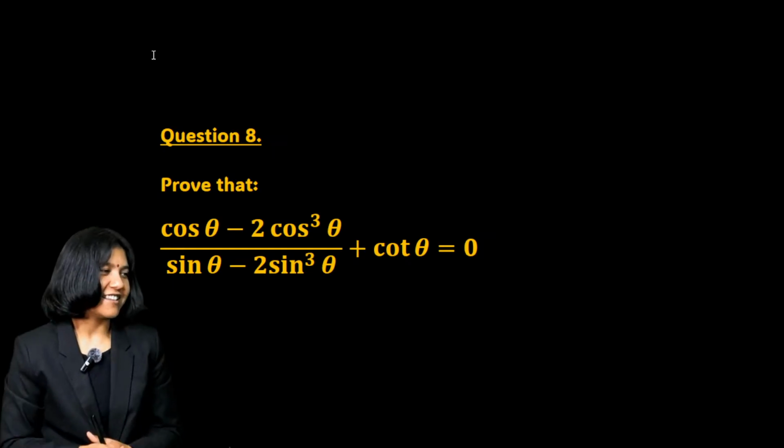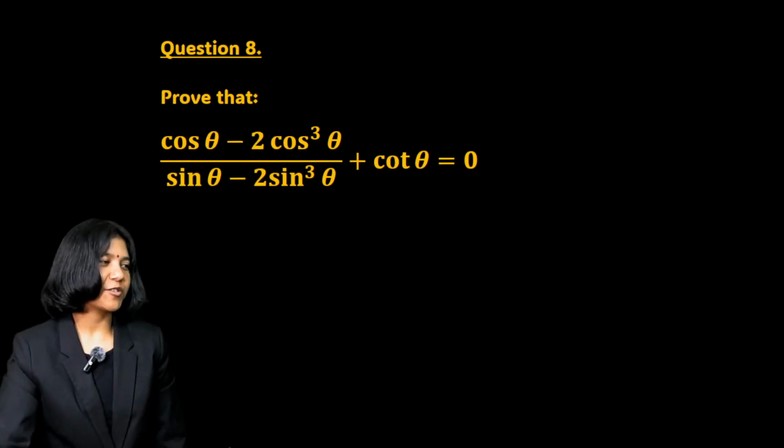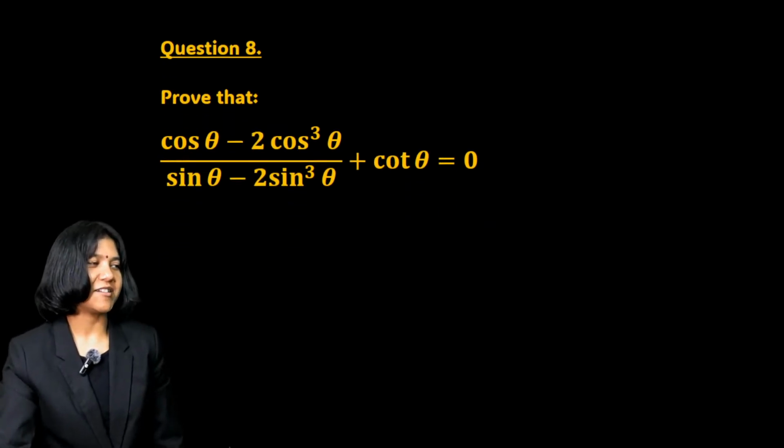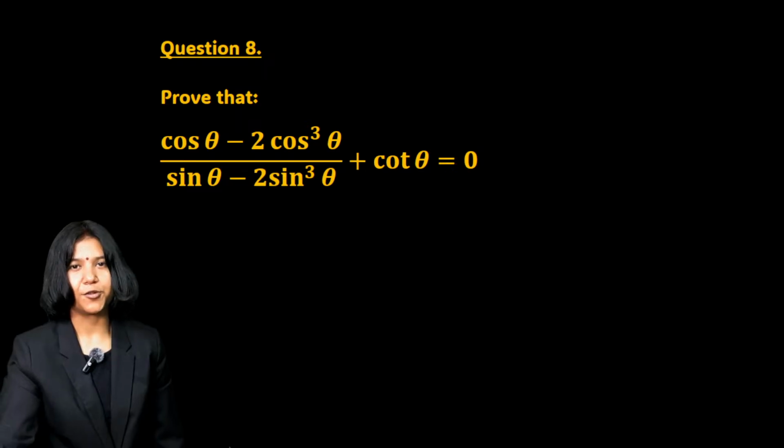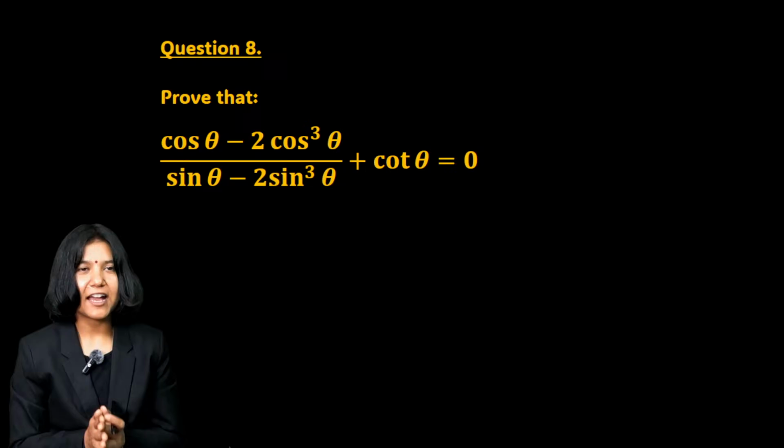All right, the last question of trigonometry. Prove that (cos theta minus 2 cos cube theta) upon (sin theta minus 2 sin cube theta) plus cot theta is equal to 0. Because the right hand side is completely 0, I want to take the left hand side and begin with proving the left hand side.